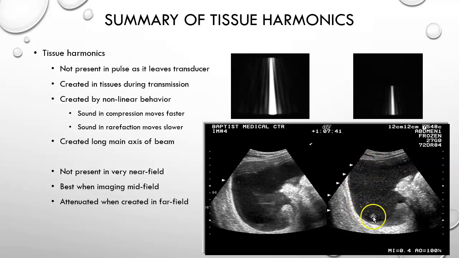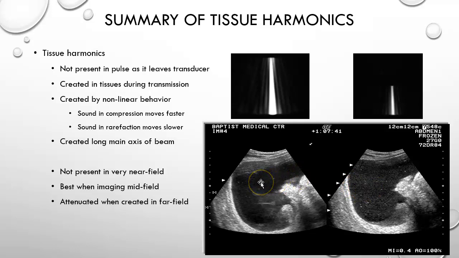We're starting to see a lot of small specular reflectors in the fluid in the bladder. This is because harmonics are a higher frequency and small reflectors act like Rayleigh scatterers, and Rayleigh scattering is proportional to the frequency to the fourth power.